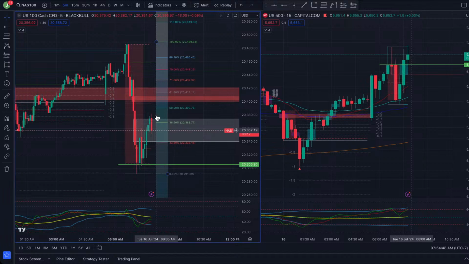We see a short retracement and then a push. These are the moves that are not the most optimal moves and harder to get into.